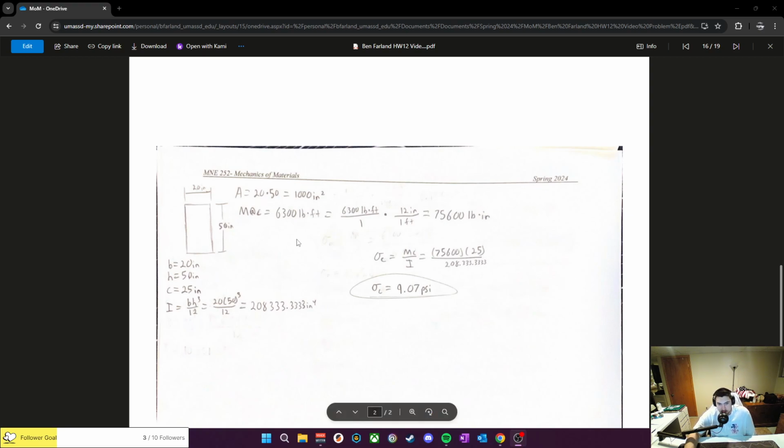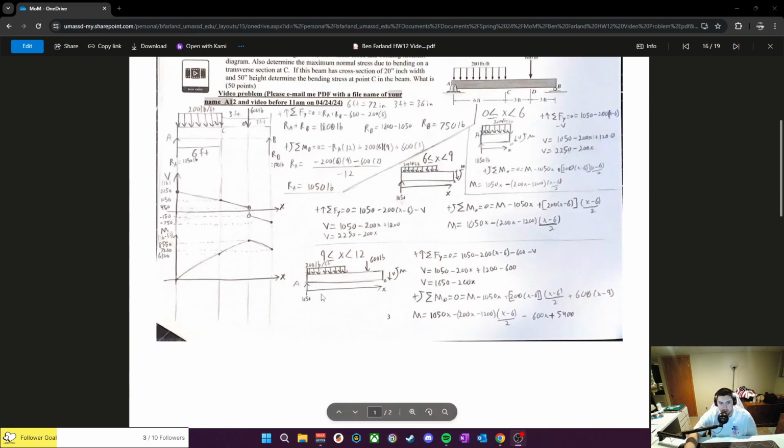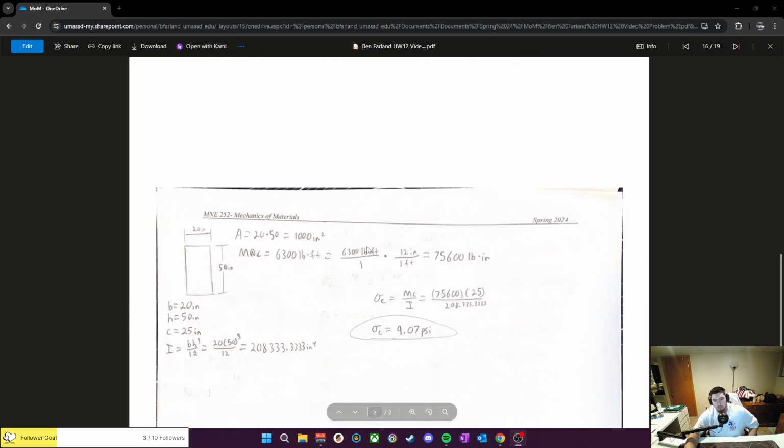M at point C, if we go look at the graph, M at C is 6,300 pound-feet.